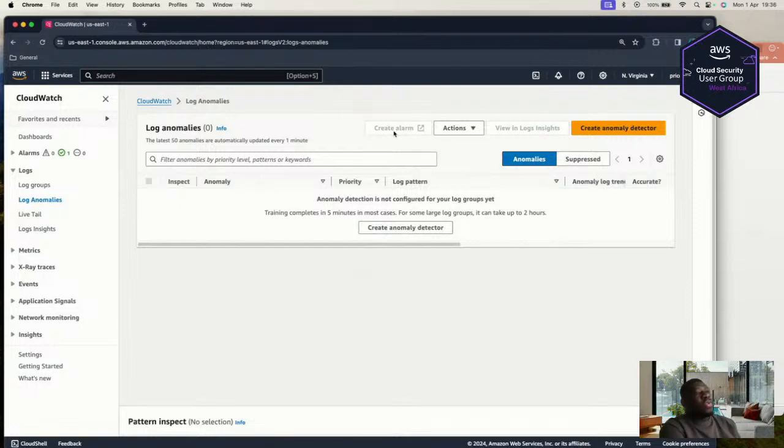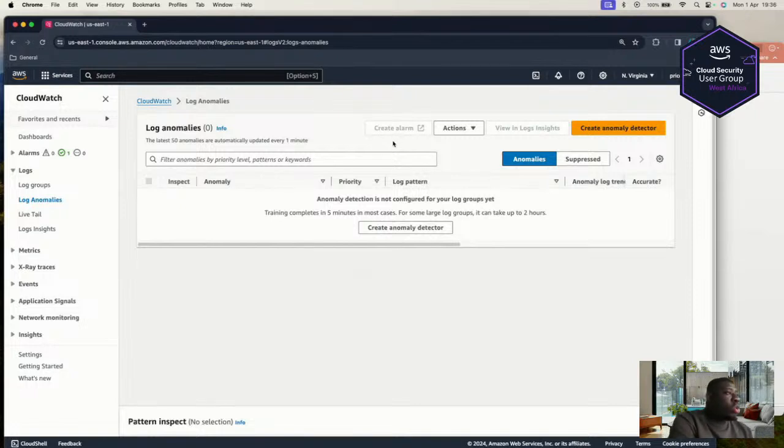Once you've enabled the anomaly detector, and it has been able to scan your log group, taking the ingested data to scan it and understand what the common scenarios are and what the deviations are, it's going to populate them here, and then you're going to have this button to create an alarm enabled.